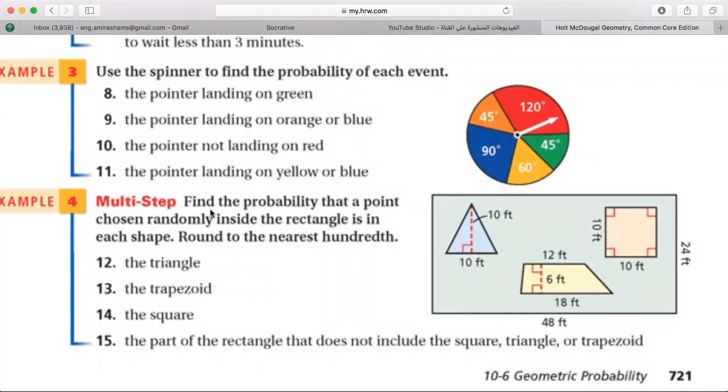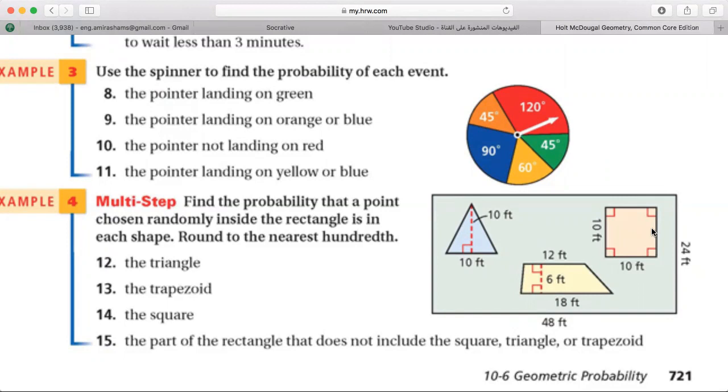Okay, find the probability that a point chosen randomly inside the rectangle is in each shape. Look here, girls. I have a big rectangle, the green one. Inside it, I have a triangle, a trapezoid, and a square.